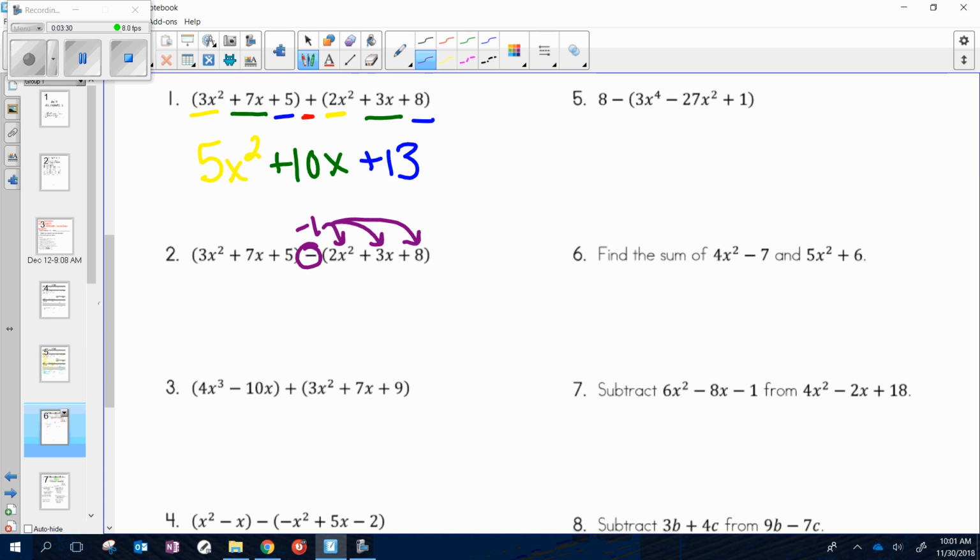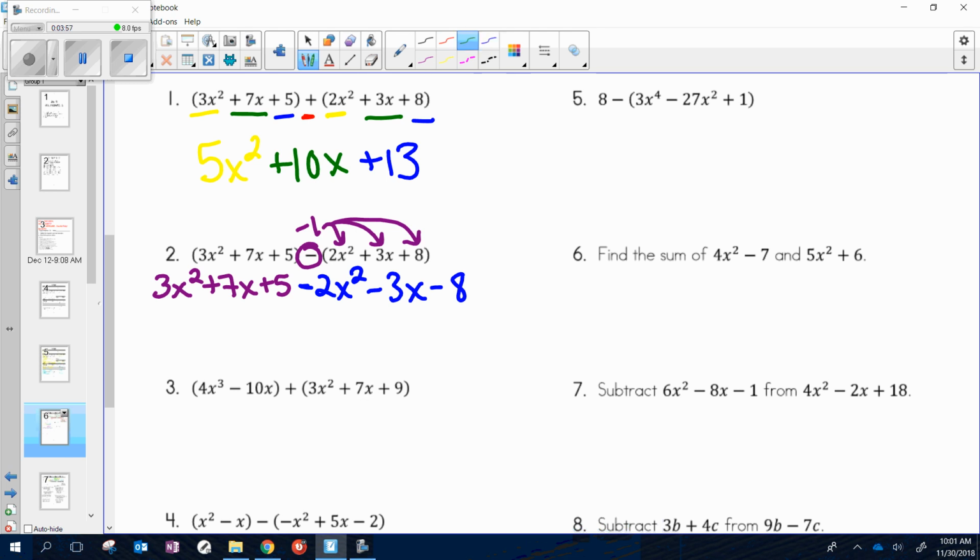So if I was to rewrite this after my distribution, my 3x squared plus 7x plus 5 stays the same. And now my second, after I distribute, a negative 1 to a 2x squared would be a minus 2x squared minus 3x and minus an 8. So when I distribute this negative 1, all of my positives become the opposite and become negative.